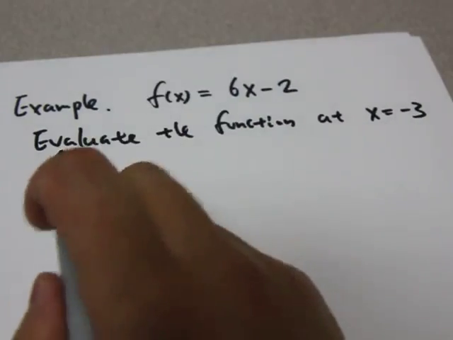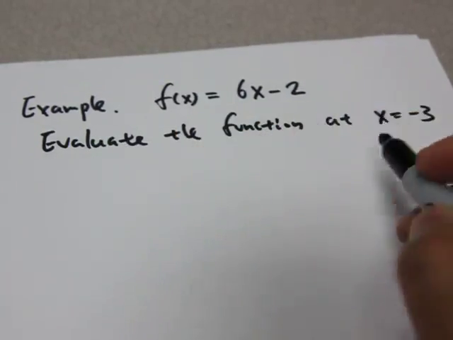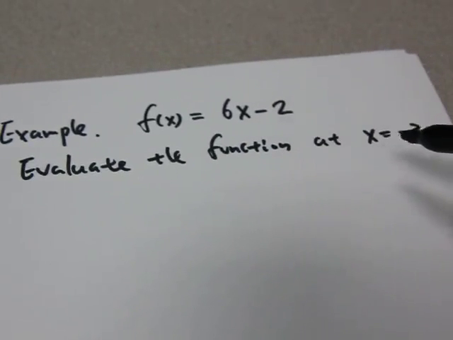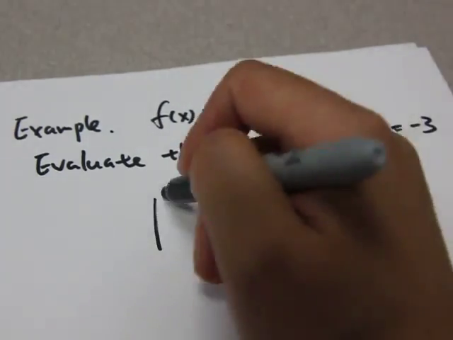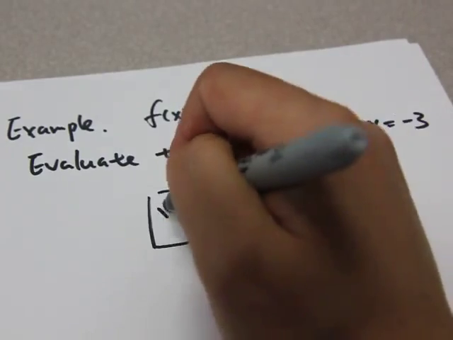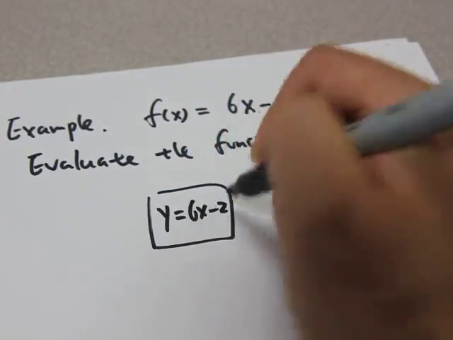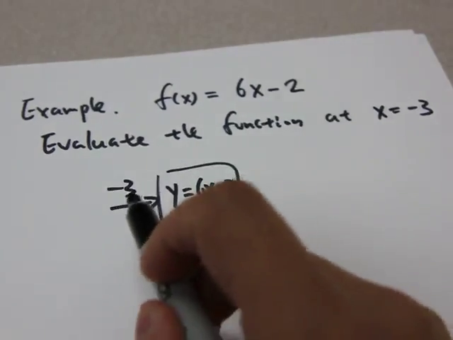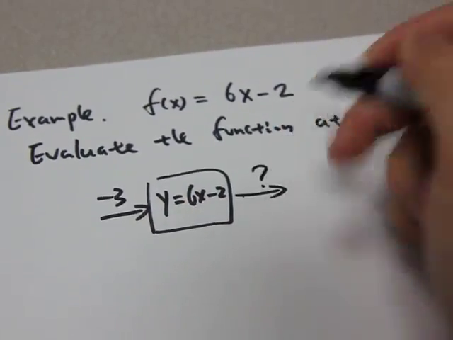So this sentence, evaluate the function at x equals -3, means it wants you to tell, if the input is -3, then what is the output, right? So here we have this equation, y equals 6x minus 2, and it asks if the input is -3, then what is the output?